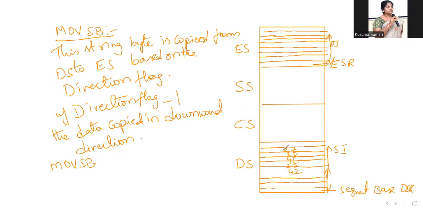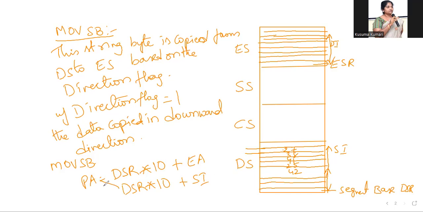First this 27. From the data segment register, how is the physical address calculated? Physical address is equal to the segment base available in the data segment register times 10 plus the effective address, which is available in the source index register.